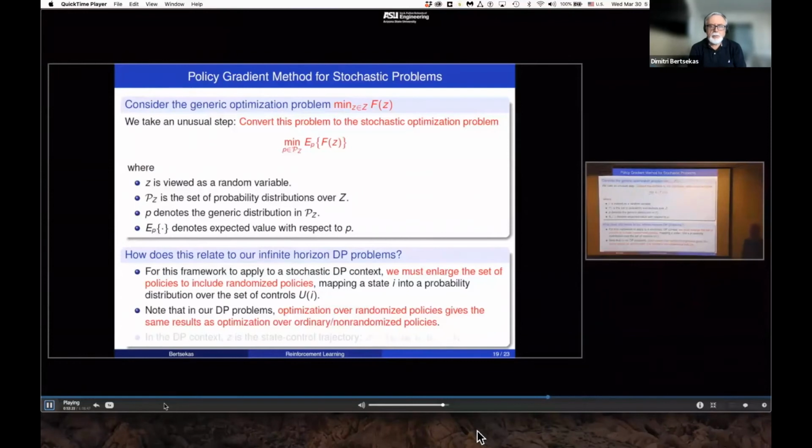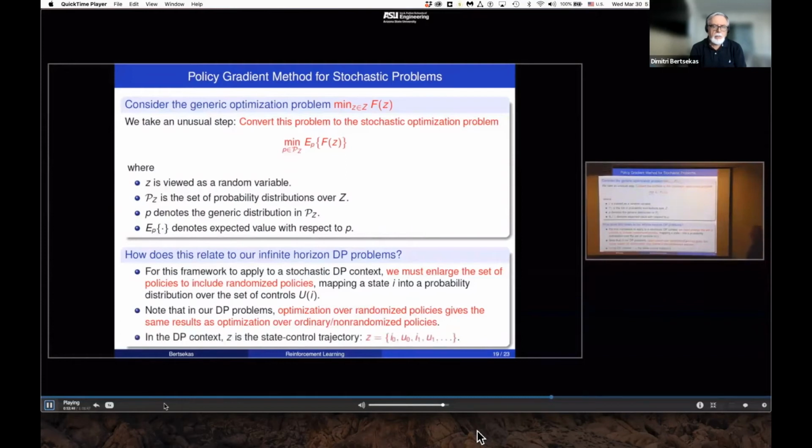In other words, you get the same optimal cost, and also the non-randomized optimal policy is also optimal for the randomized problem. So that's a theoretical result that tells you that the optimal value of this problem is the same as the optimal value of this problem.